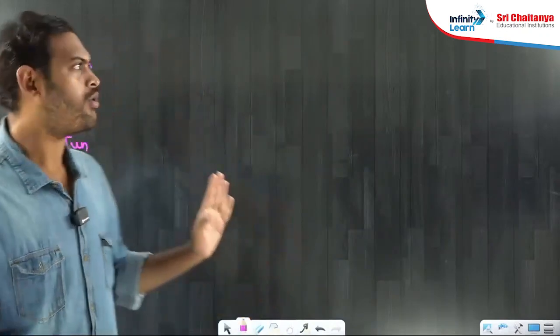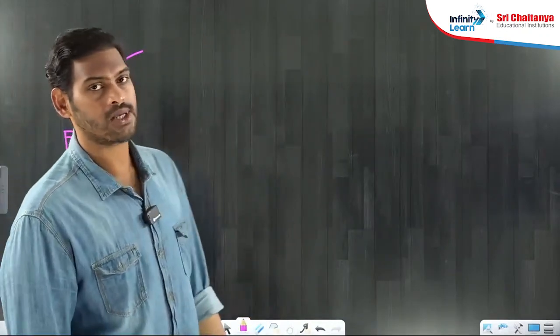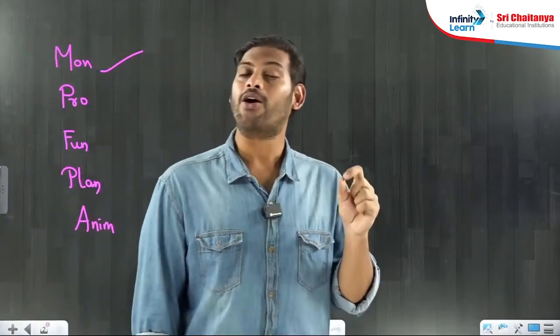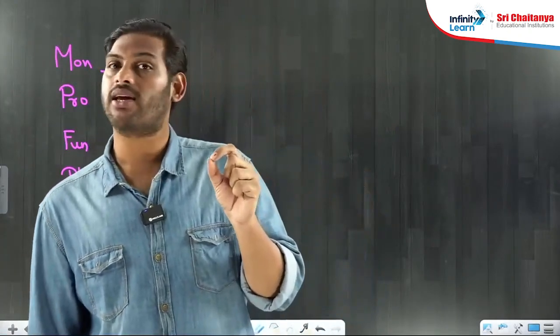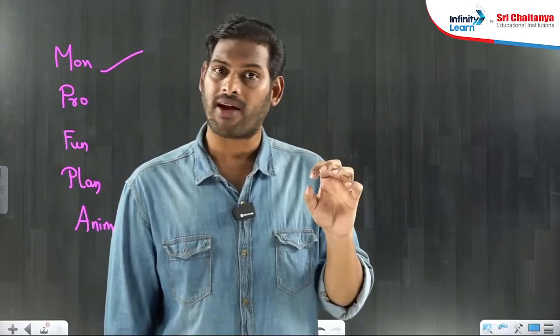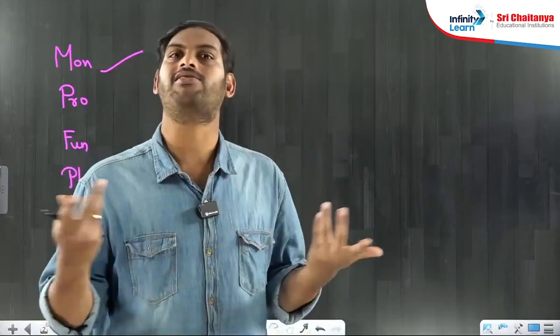Yes. Monerans, bacteria possess flagella for locomotion, but not every bacteria is equipped with flagella. No. There might be bacteria without any flagellum. There might be bacteria with many flagella also.